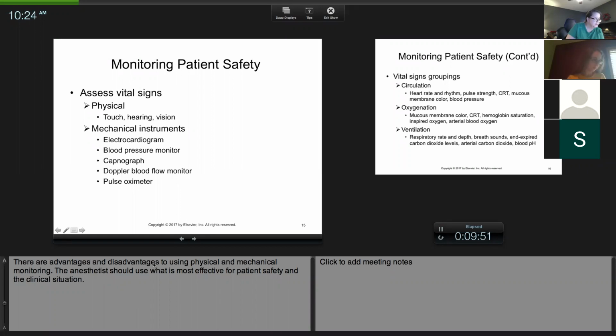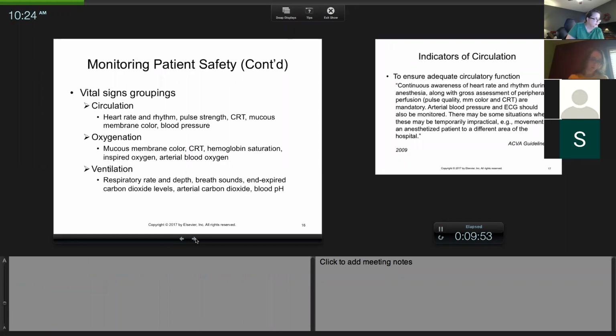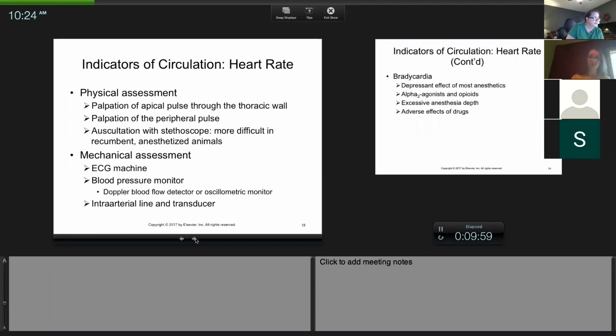So this is a good question. Let me move forward. It says, what are the causes and how could you treat? Now I understand that these are broad. For number 4, slide 18 specifically addresses cardiovascular. That other slide was addressing overall. These are all the monitors you can use for every parameter.